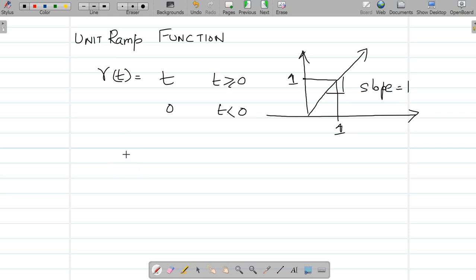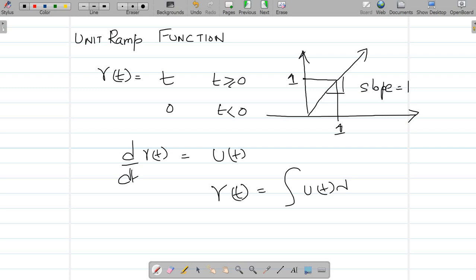And you should know that if you differentiate this ramp function, we get the unit step function. The ramp function can be got as an integration of the unit step function, ranging from 0 to infinity.